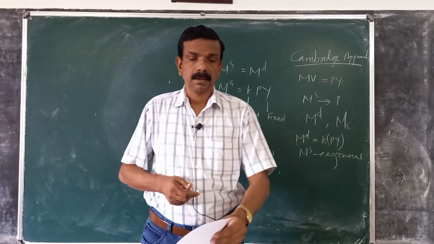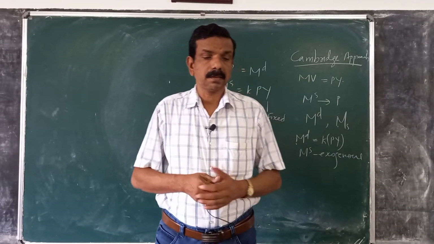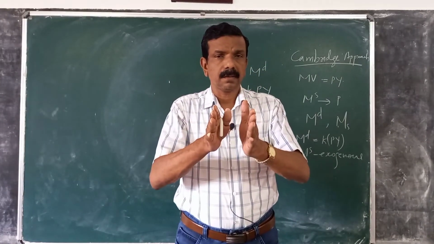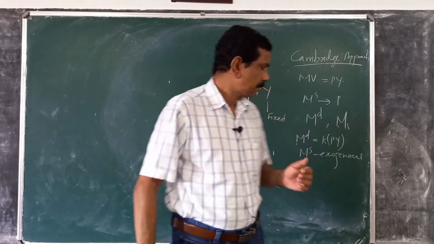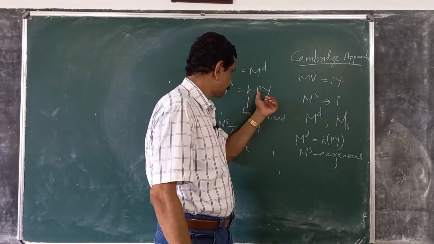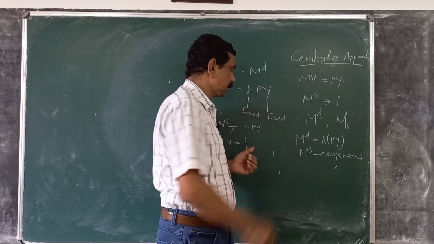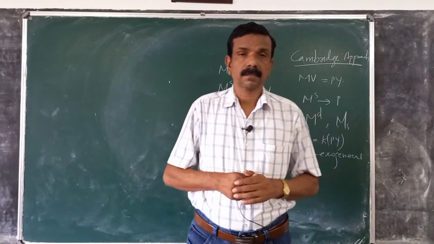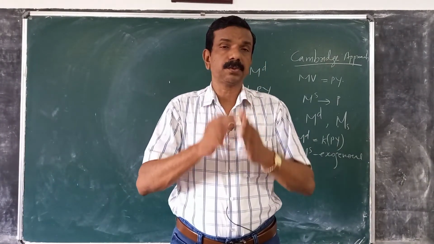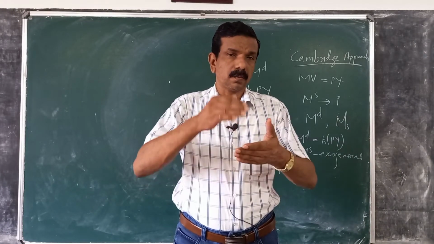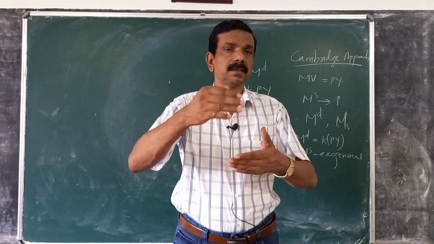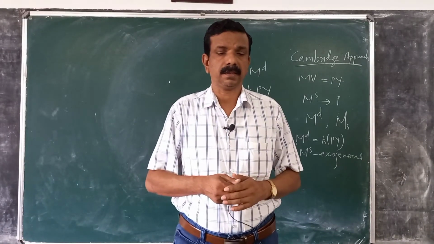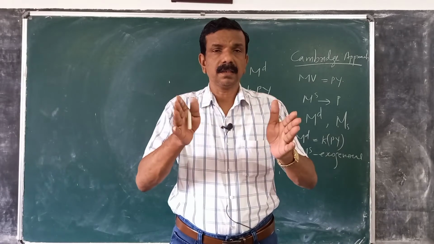Also, in the Cambridge equation, money supply and price level are proportionally related if K and Y are constant. And the Cambridge equation provides an explanation of how an increase in the supply of money causes an increase in the price level, which is lacking in the case of the equation of exchange.